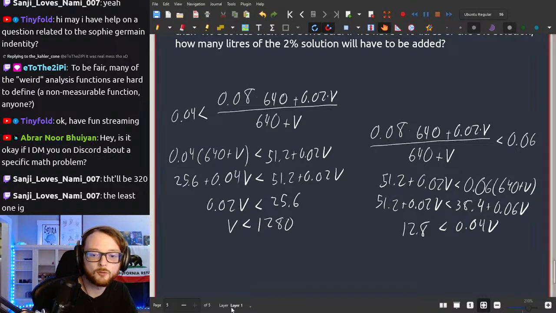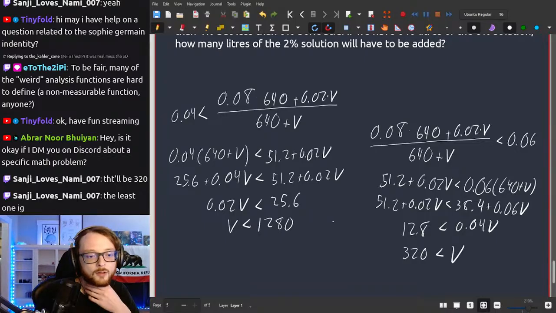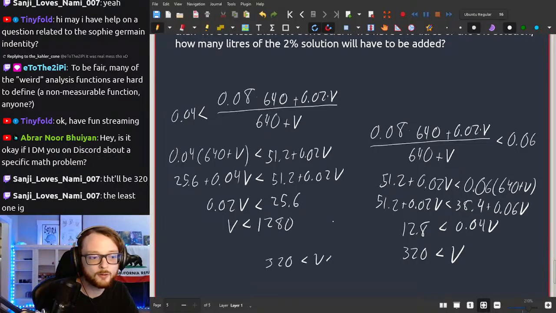Now just divide out the 0.04, and we get 320. So if we combine these two things, it should be anything between 320 and 1280.